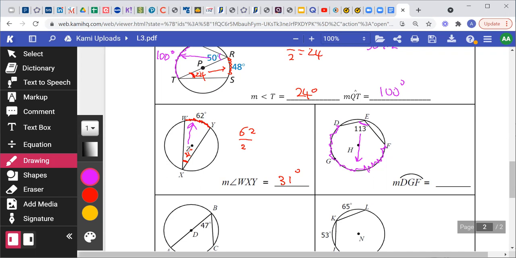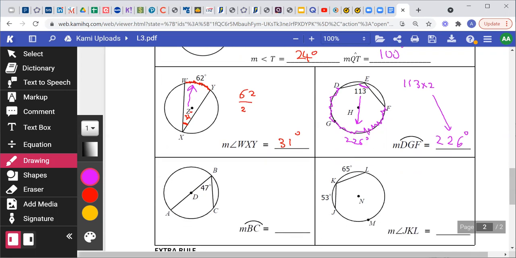And we know the intersected arc is always twice the inscribed angle. So it will be 113 multiplied by 2, which gives us 226. So this arc here is 226.